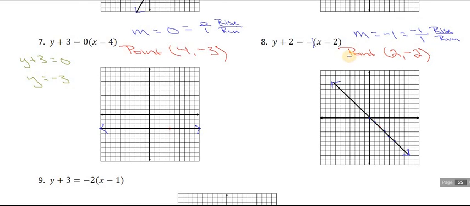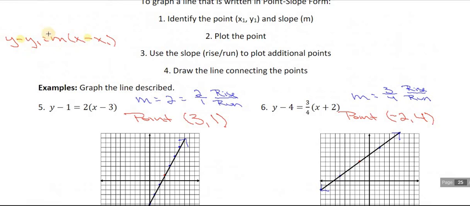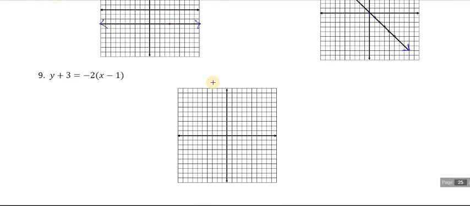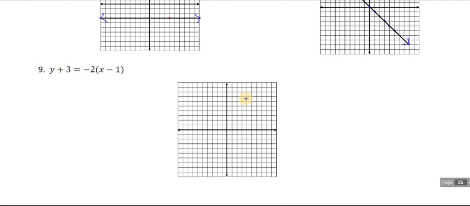Identify our point, remembering that because of our formula, we need to take the opposite of the x and the opposite of the y. Okay, and the number with the x is our x coordinate, and the number with the y is the y coordinate. So we then start by plotting our point and use your rise over run to finish plotting additional points and draw your line.